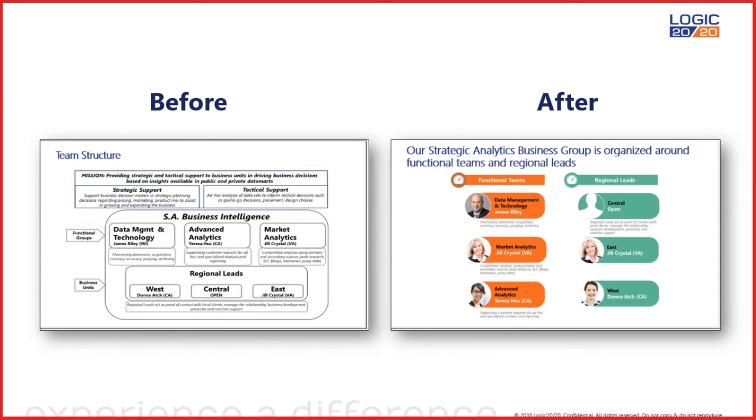Here we see that Jill Crystal holds 2 roles, and the central regional lead position is open. It's fairly easy to see on the after slide. It's info the reader would have to dig a bit for in the before version. It's surfaced in a way that is upfront and obvious.